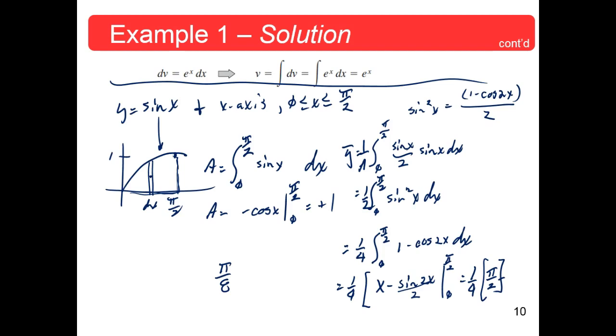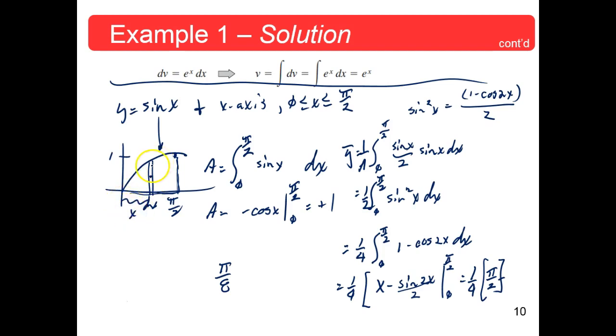What we've got to do now is calculate the x bar. Okay? Now, what your x bar is, is how far you are from the y-axis.